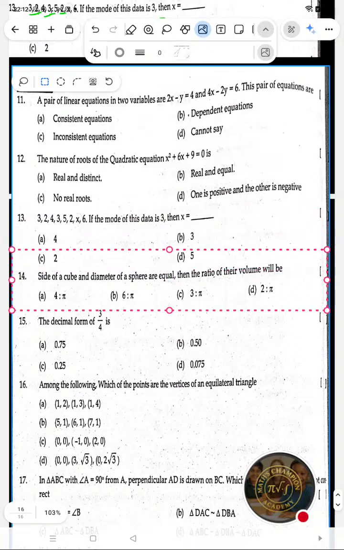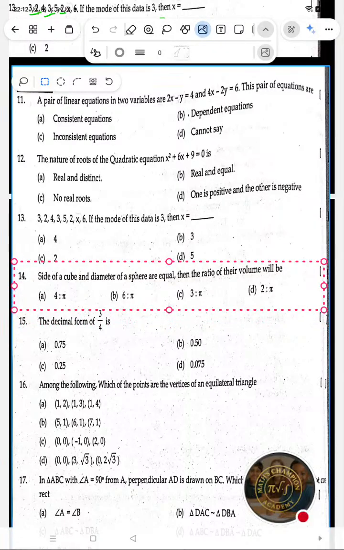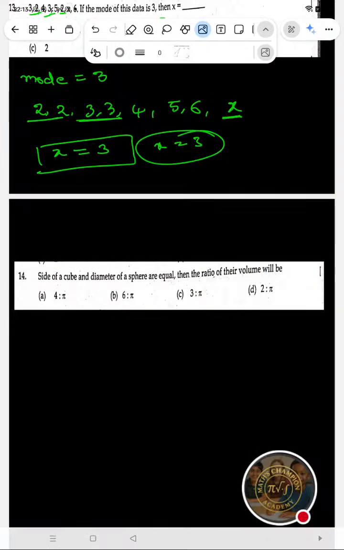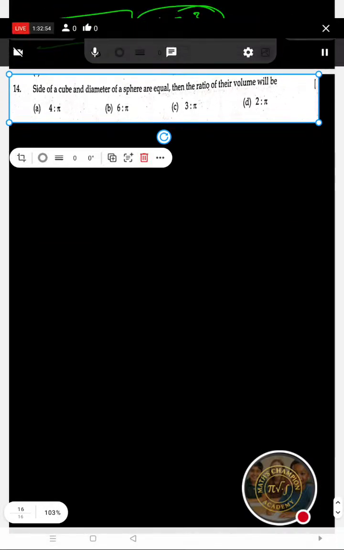Next problem, look at it. Try to read the question.